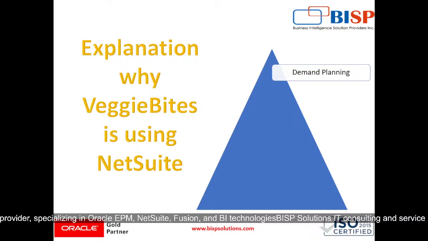First of all, they will be planning demand, where they will come to know what to produce. They need to make sure they produce the right number of snacks. If they produce too much, it will go to waste. If they produce too little, customers will be disappointed. NetSuite provided them a solution: NetSuite checks past sales data, current orders, and future trends to predict demand.